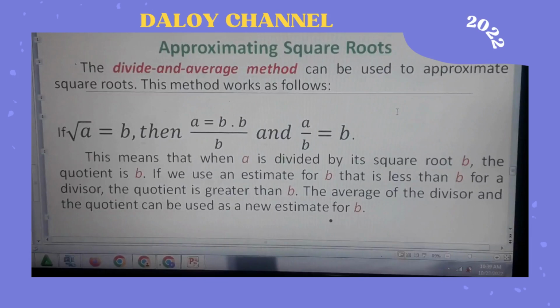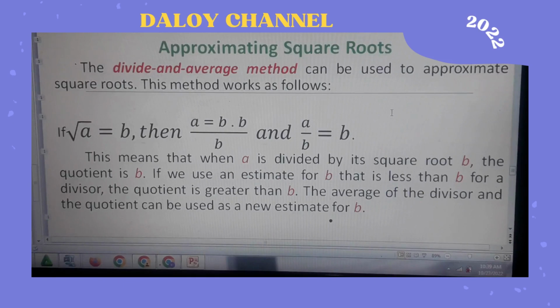Now, let's proceed to the idea of approximating the square root. The divide and average method can be used to approximate square roots. This method works as follows.